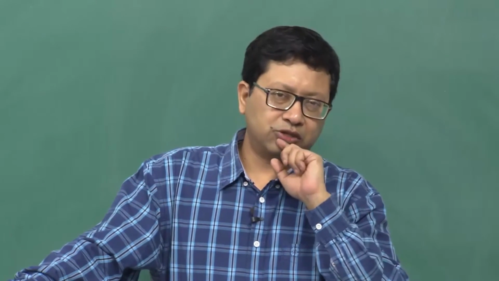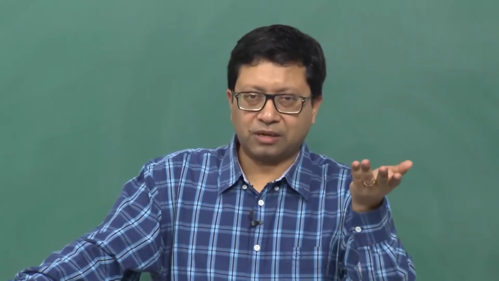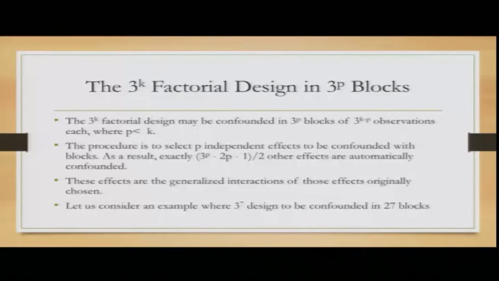So, 9 was a number specific to the example, but obviously we will design it such that an equal number of observations are in each block. The 3^k factorial design may be confounded in 3^p blocks of 3^(k-p) observations each, where p is less than k.